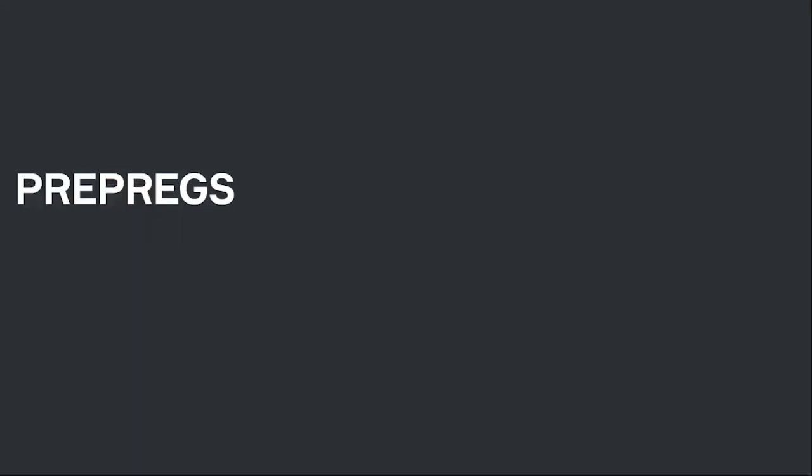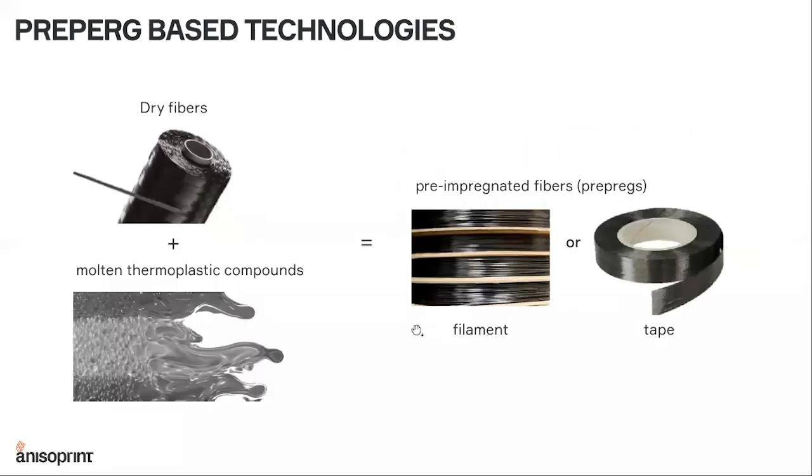So first we will see what is inside the prepreg printing approach. As I said, prepreg is a preliminarily impregnated material which can be either in the form of a filament or in the form of a tape, which already has predefined or fixed continuous reinforcing fibers inside, and a polymer matrix that bonds them together.